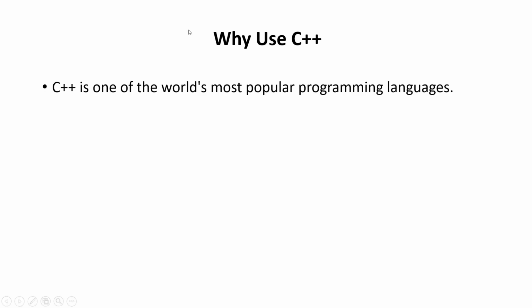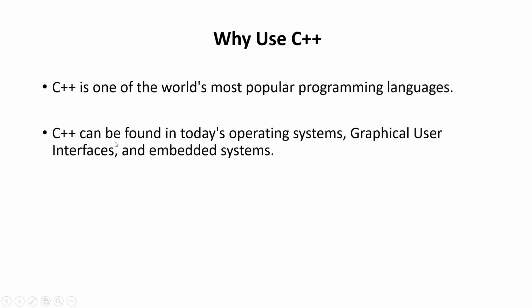Why use C++? There are many languages in the world, but why do we use C++? C++ is one of the world's most popular languages. C++ can be found in today's operating systems, graphical user interfaces, and embedded systems.